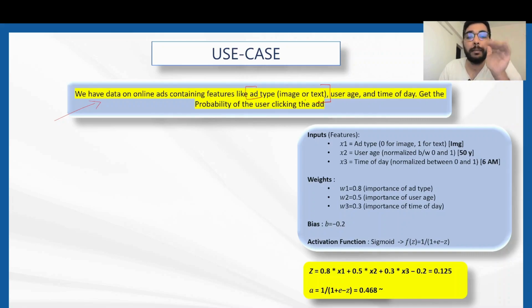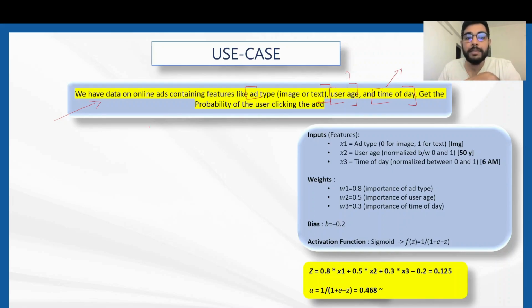If it's an image ad, there's an image attached, or it's a plain textual ad. This is one of the features. The user age, the user who is seeing this ad, who you have projected that ad to, what is the age of that user, and what time of the day is the user seeing that ad.